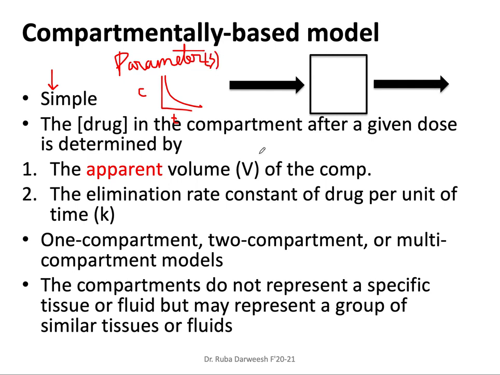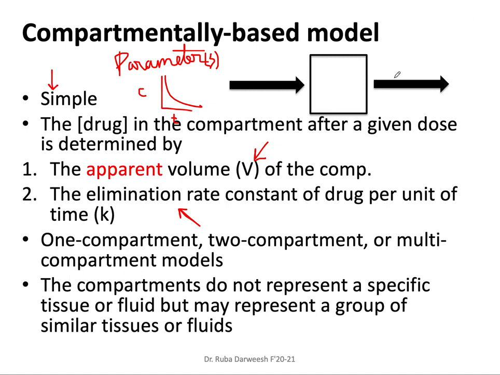One of the main parameters that we have is the apparent volume of distribution and the elimination rate constant, and we will talk about this later, okay? But just know for now that we usually do some estimation using the model to determine certain parameters to define the relationship that we have. And usually those parameters are considered constant per model, and we will talk about this later.